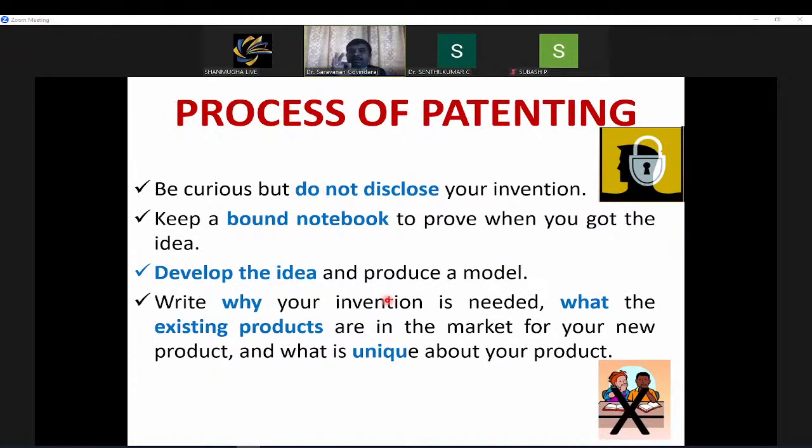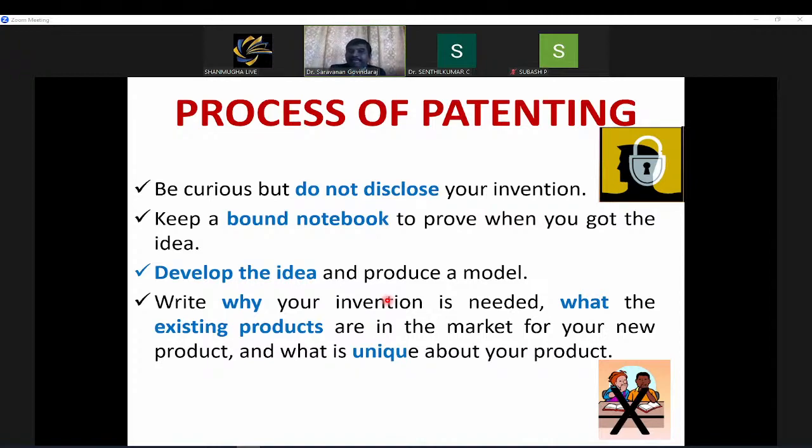So the first and foremost important thing is we should not disclose our invention to other people. Whenever we get an idea, first write that particular idea down.